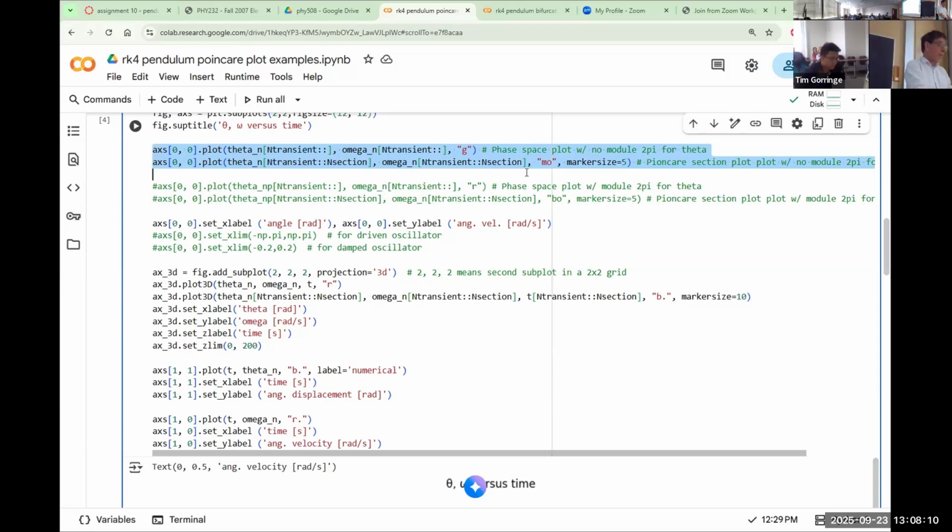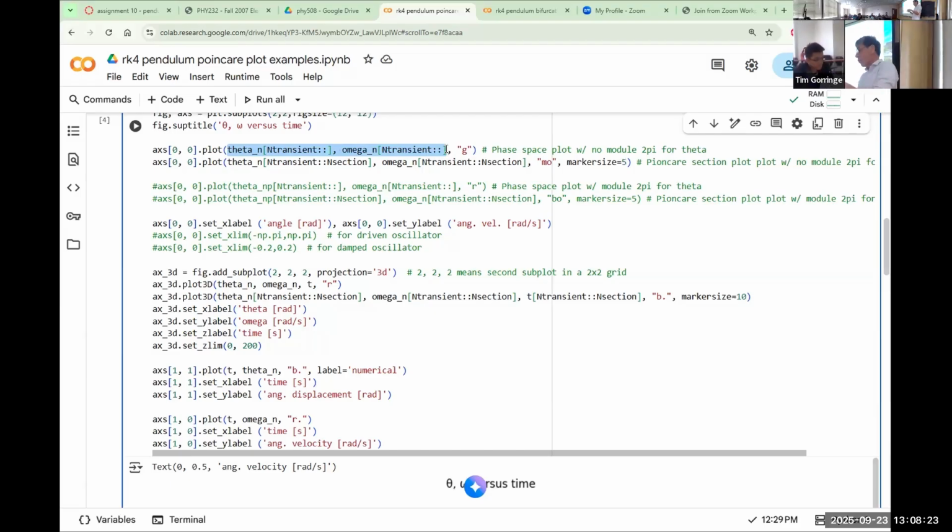I'm plotting for the phase space the theta and omega points for all the times after this transient time, so I am applying this cut to remove any transients.